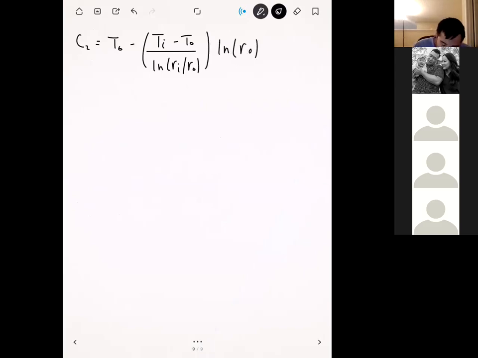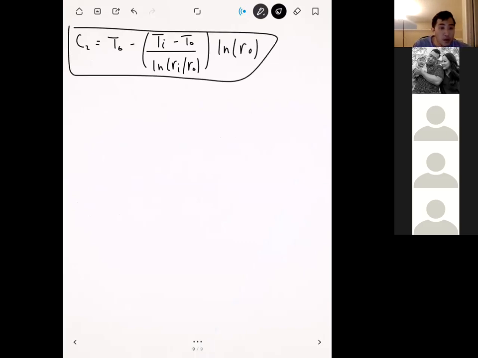And so if we move that over, we have C2 is equal to To minus Ti minus To, all divided by ln of Ri divided by Ro, and this all multiplied by ln of Ro. And so we plug in for both C1 and C2.